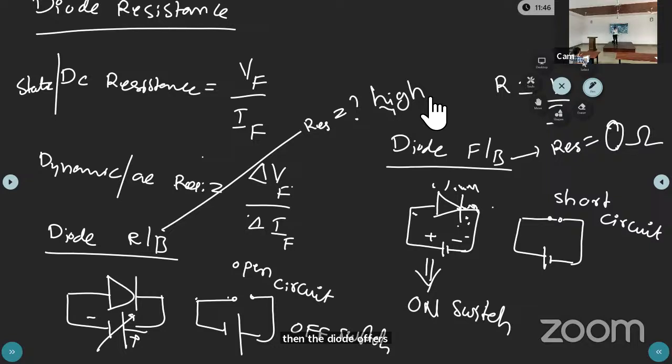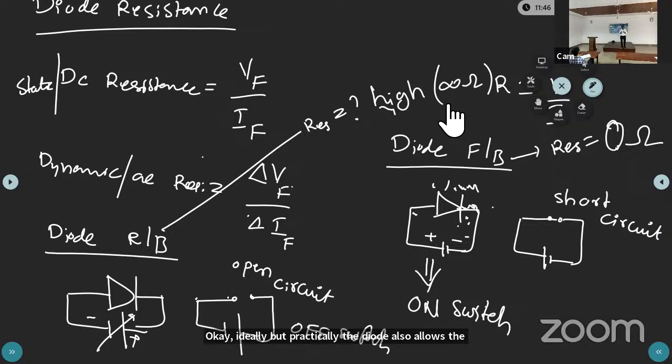Practically or ideally, it is infinity. What is the symbol? Infinity. What is infinity? Countless. Very high resistance. Okay, ideally, but practically, the diode also allows a current in the reverse saturation current, right?